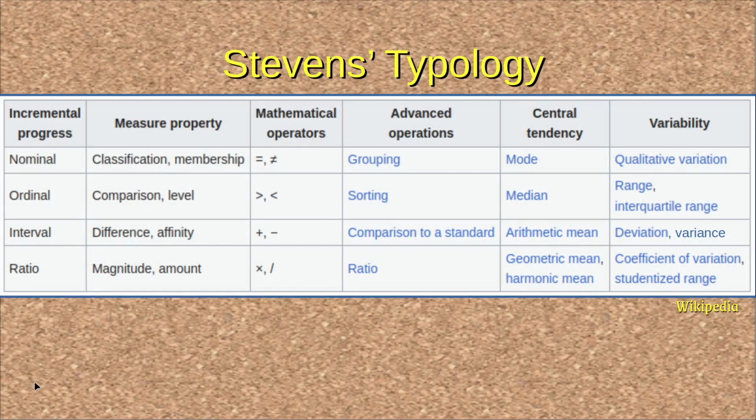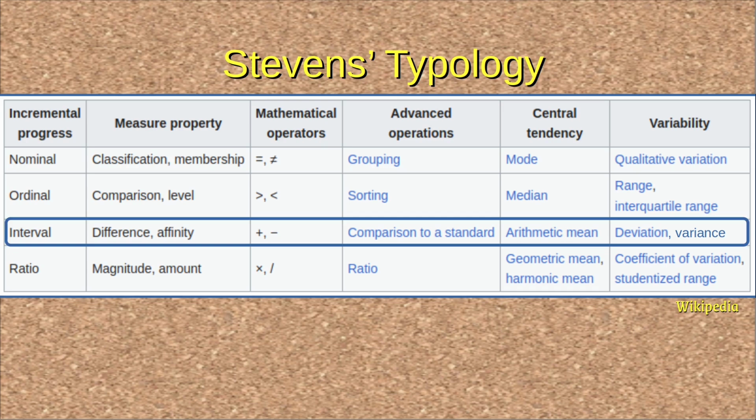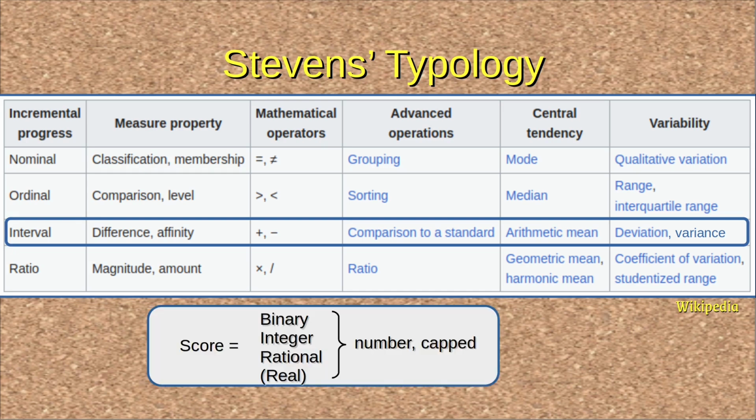Performance tests can only be analyzed statistically if it is possible to calculate means and variances. Only interval data types meet this criterion. Fortunately, binary, integer, and rational numbers can be expressed as interval types.